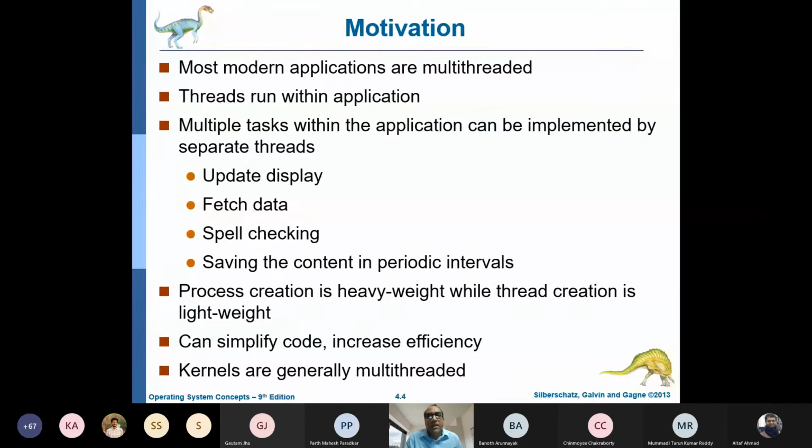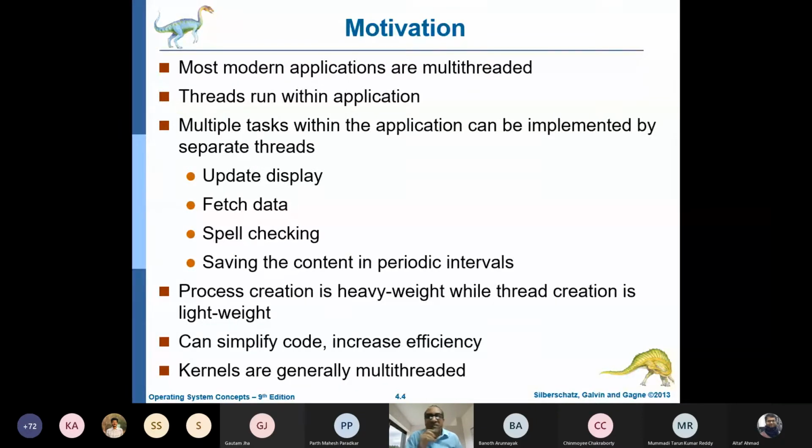A process may have multiple threads, and if a multi-core processor or multiple processors are available, then you can run these multiple execution sequences on multiple processors simultaneously. So that way, a thread can be defined as an instance of execution on a CPU.